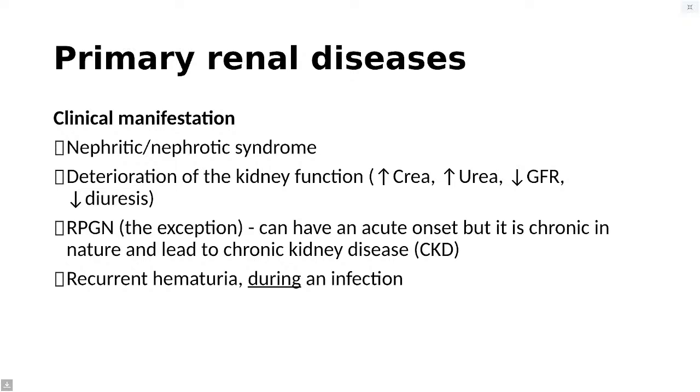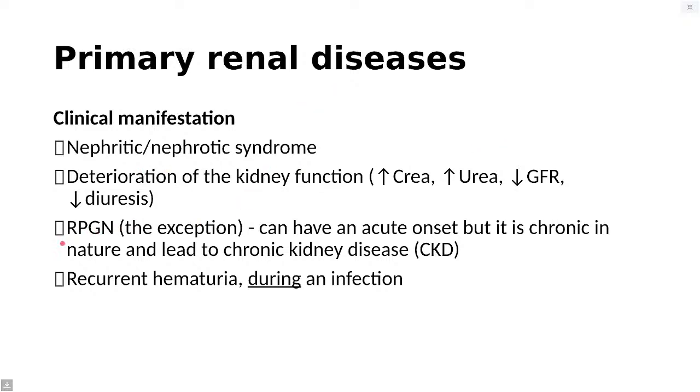Clinical manifestation of primary renal diseases: there is nephritic or nephrotic syndrome and deterioration of the kidney function. In laboratory tests there is decreased diuresis, increased creatinine and urea, and decreased glomerular filtration rate.